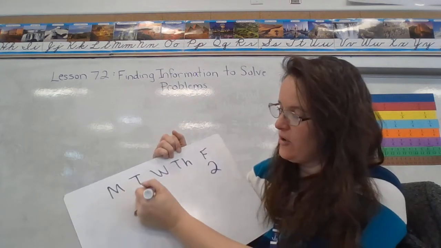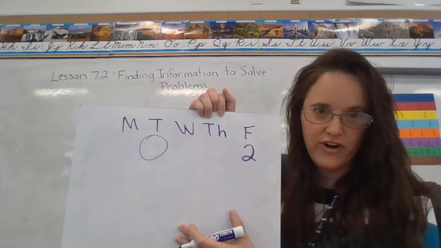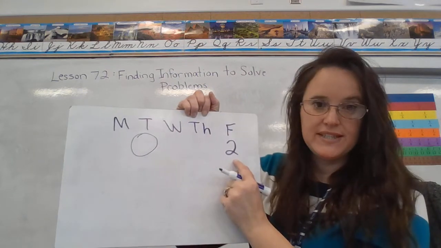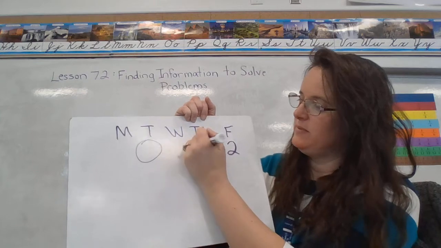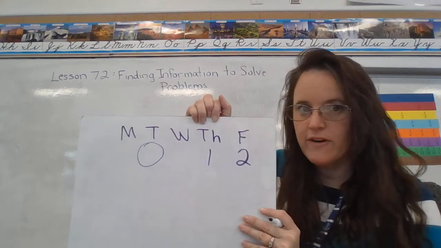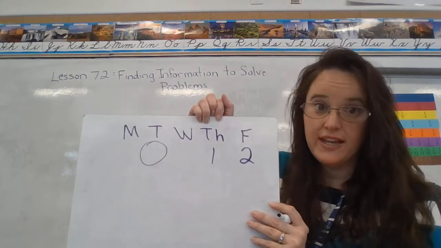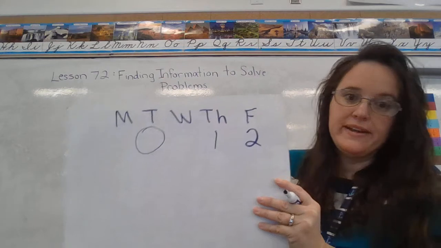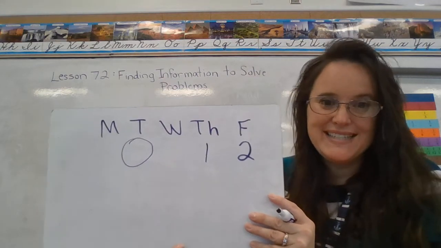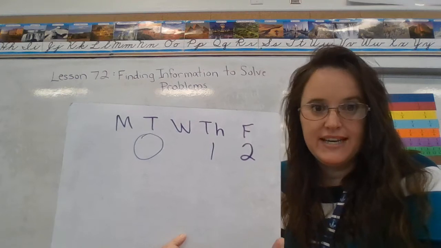I need to know what was this day, this Tuesday before the Friday. So if this was the 2nd, this would be the 1st. What comes before February 1st? Well, January comes before February. What is the last day in January? So that's where you have to know how many days are in each month.